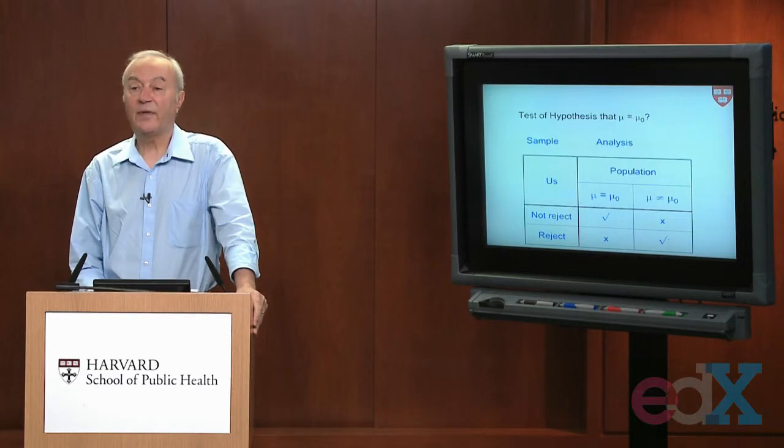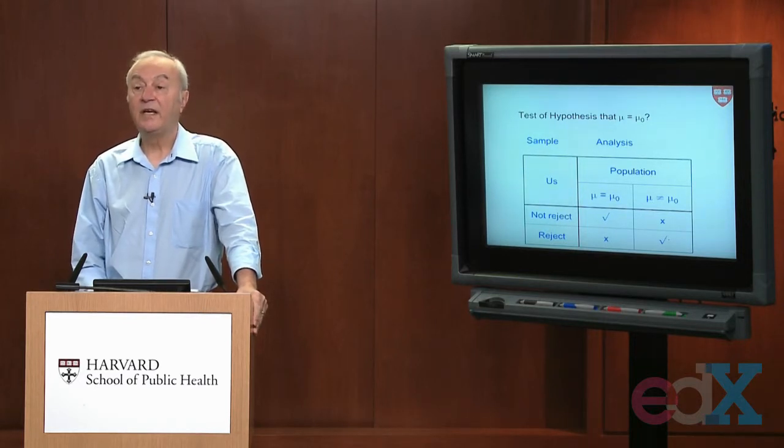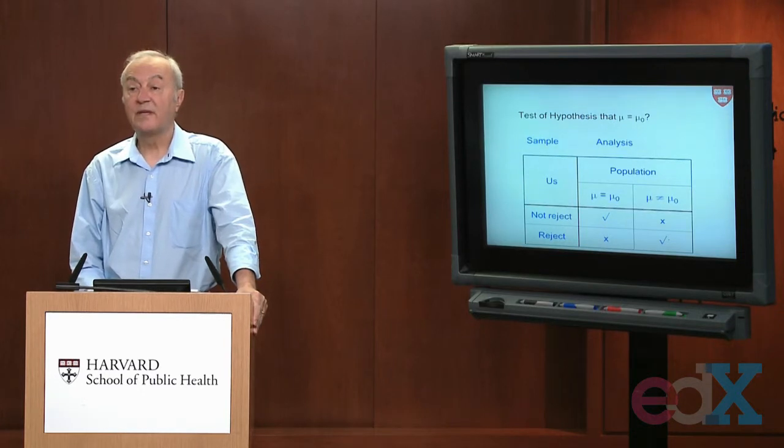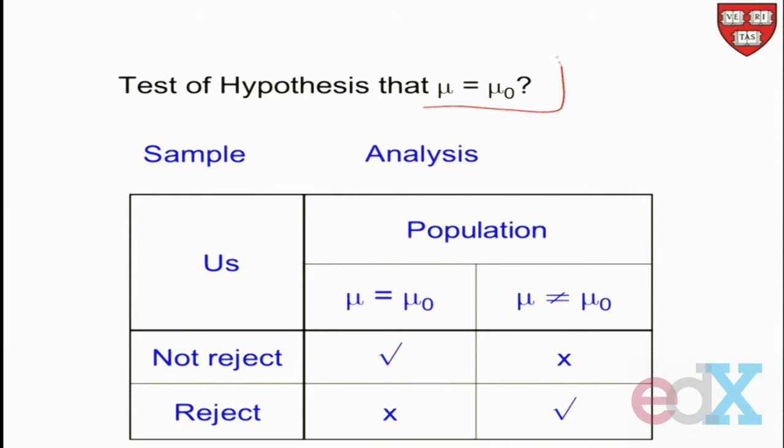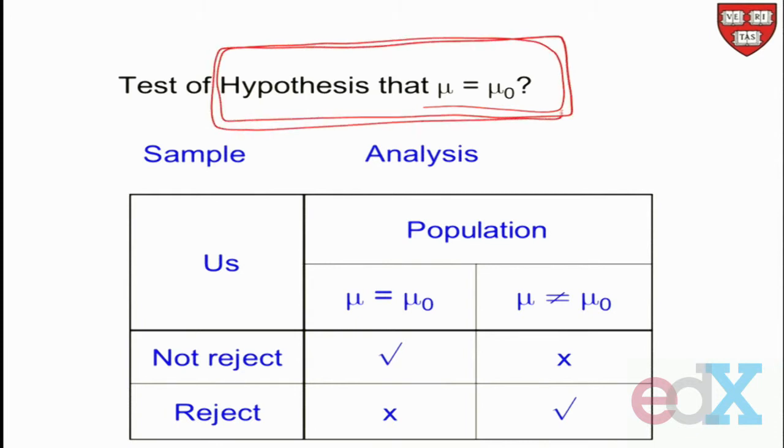That's what hypothesis testing is all about. We are going to be faced with a hypothesis that the mean of the population is a given amount, and we are going to decide to reject that hypothesis or not on the basis of a sample from that population.